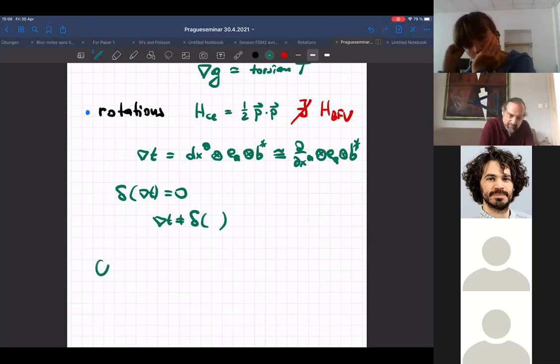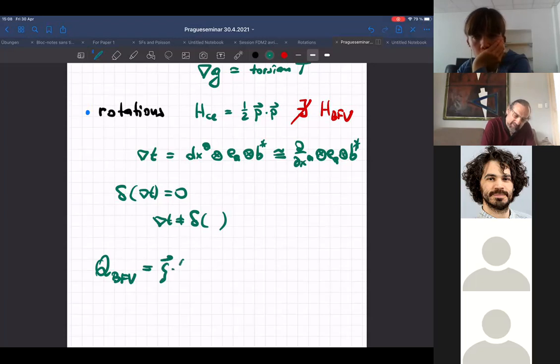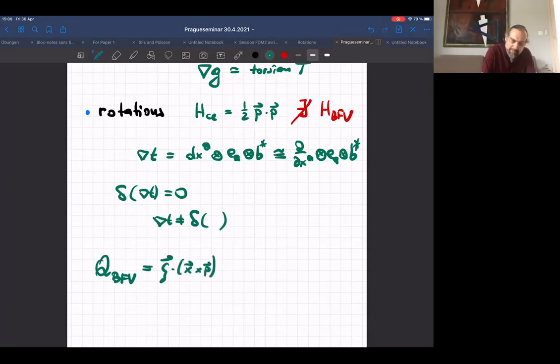In this example, the BFV charge is psi times angular momentum, so it would be x times p, plus a half psi inner product psi vector product pi, and here we have eta x inner product pi.